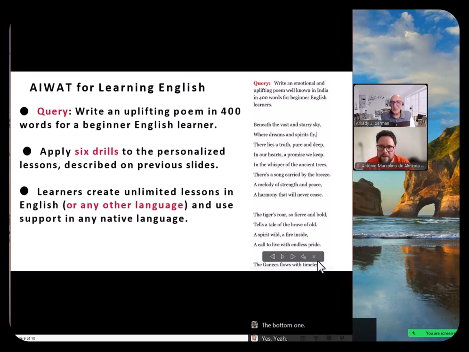I will show that this read aloud function is available now to any teacher or student. And to invoke this function, you get an option of using AIWAT for learning any foreign language. I will demonstrate in a minute on one lesson.